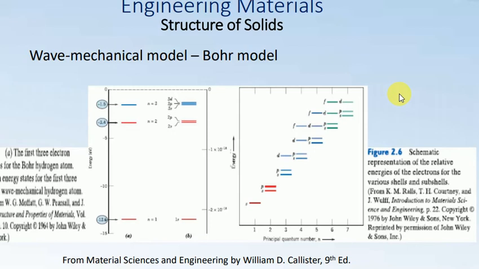So these are the maximum number of states SPDF. But here you can also see that for the third and fourth orbit, the last state of the third orbit comes actually in between the first and second state of the fourth orbit.